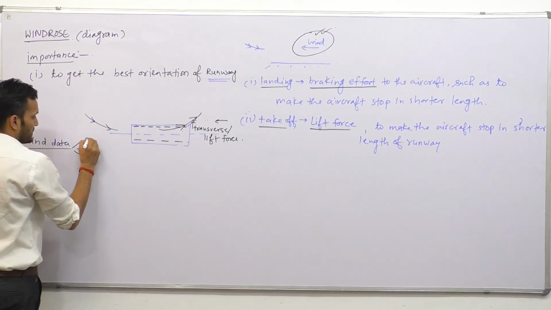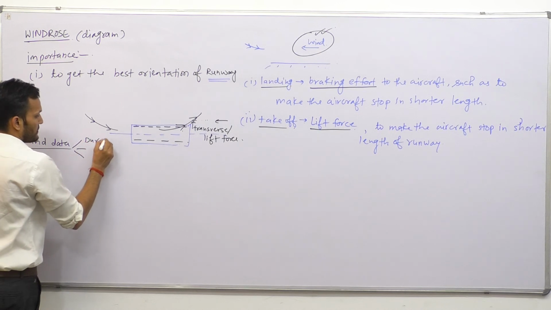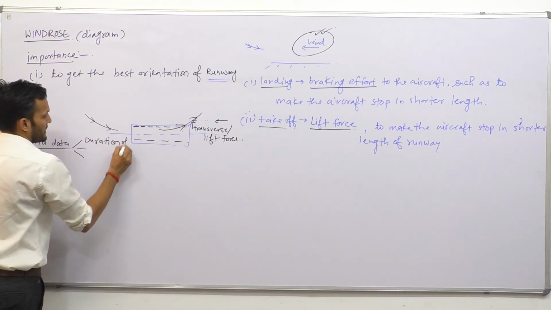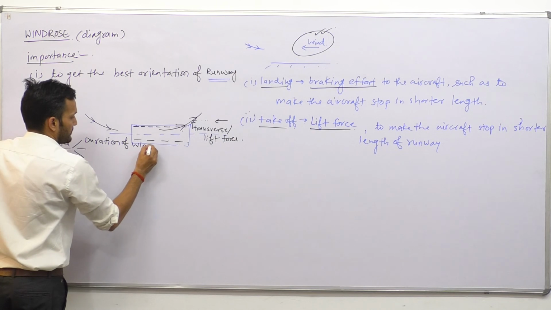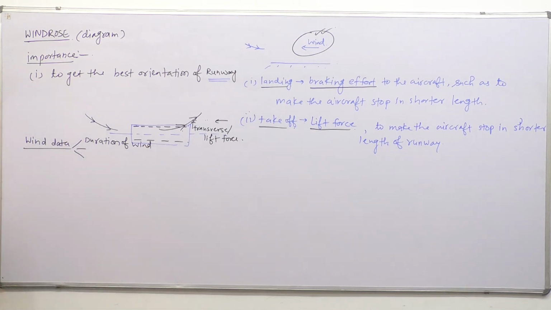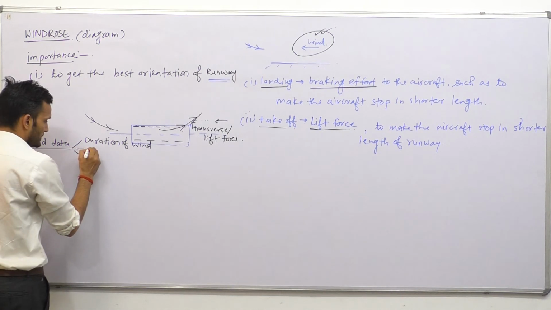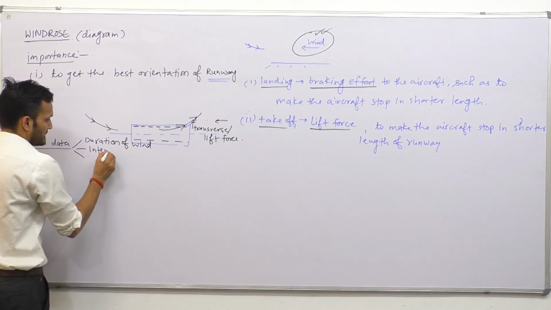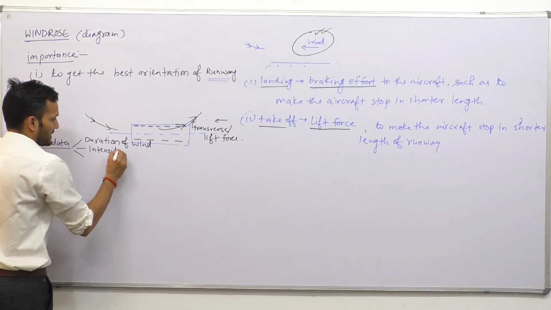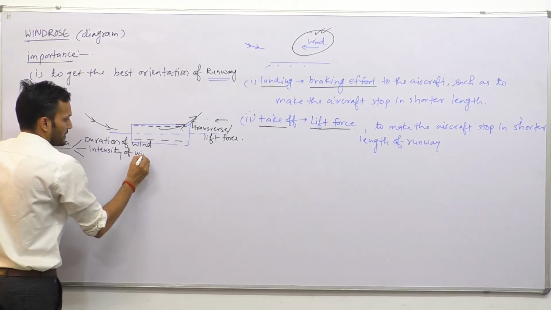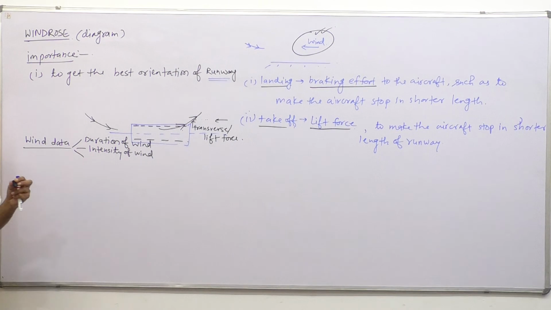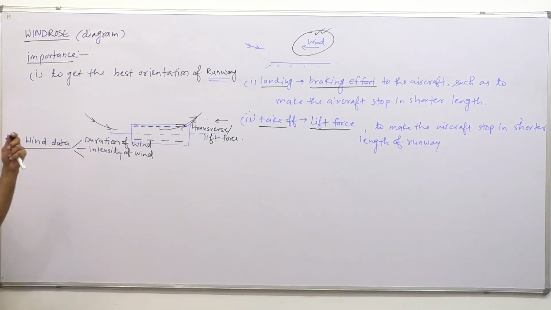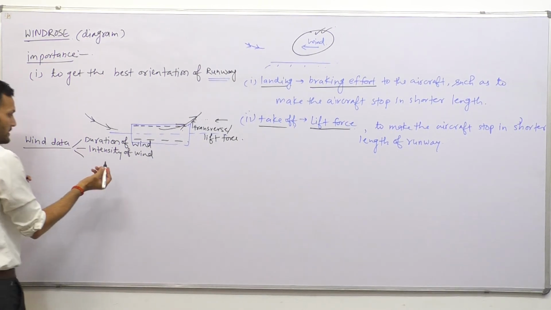The first one is the duration of wind, meaning for how much time in a year the wind is blowing in that direction. Second one is the intensity of wind. Intensity of wind means the speed or velocity with which the wind is blowing over that runway.